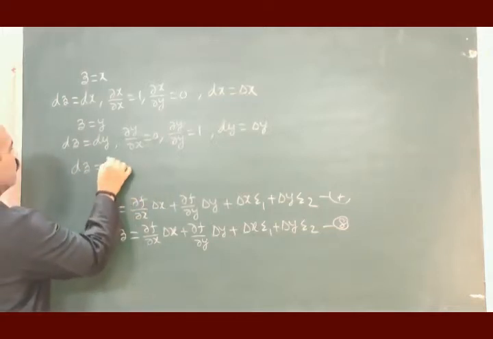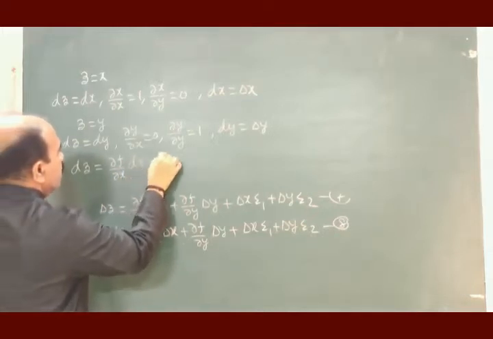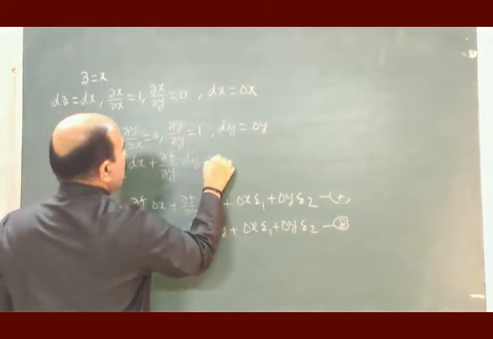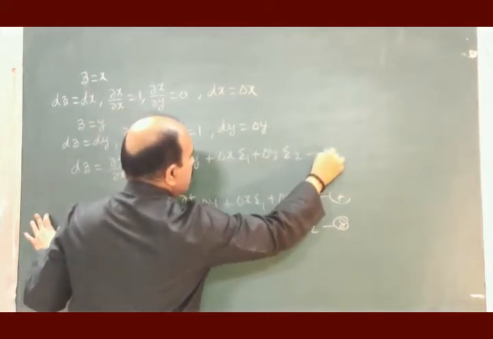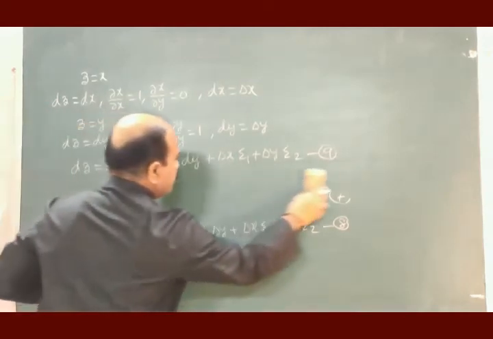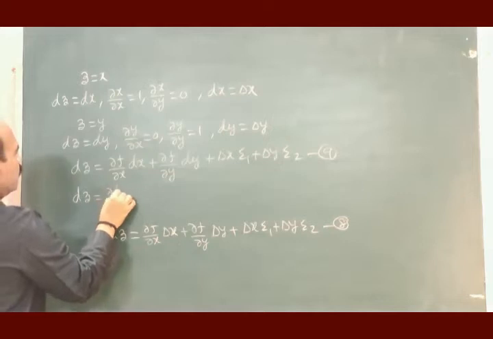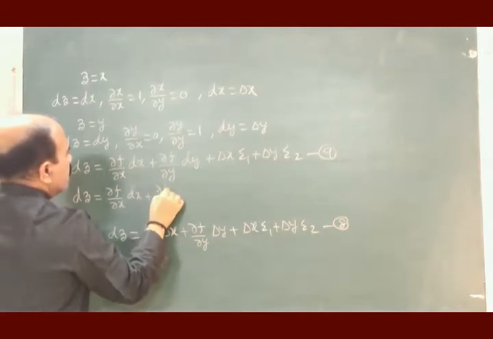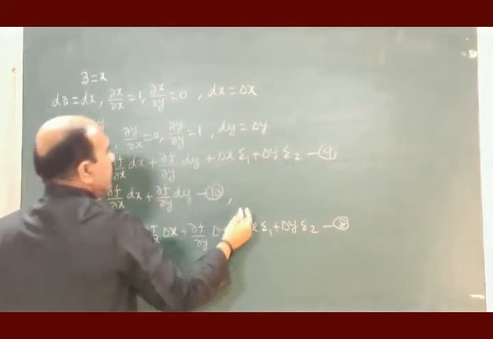dz is equal to dou f by dou x into dx plus dou f by dou y into dy plus delta x sigma 1 plus delta y sigma 2, equation number 9, and this is further dz is equal to dou f by dou x into dx plus dou f by dou y into dy, equation number 10.